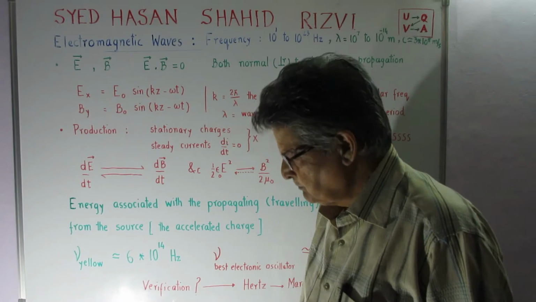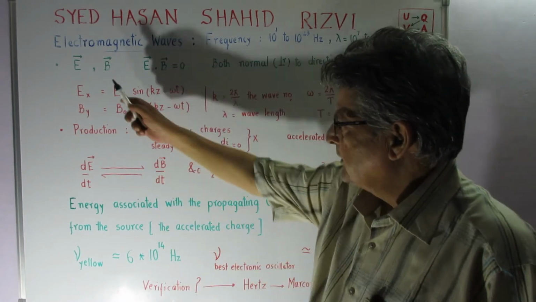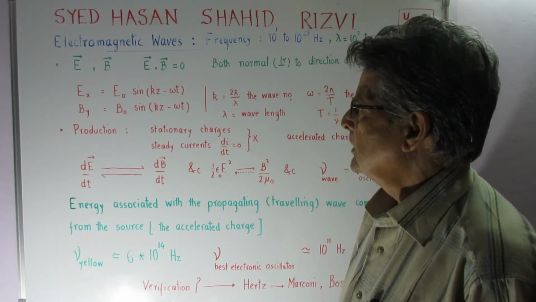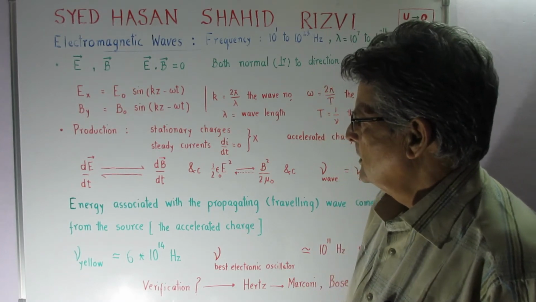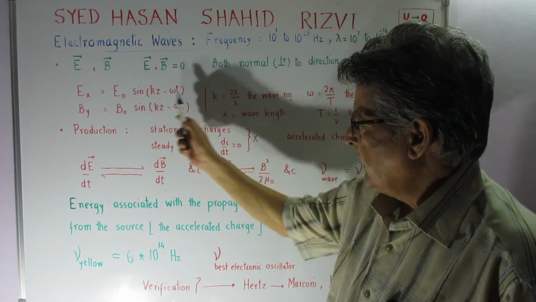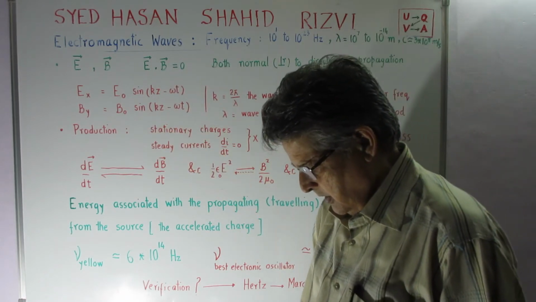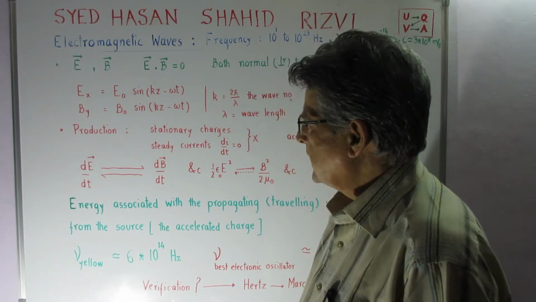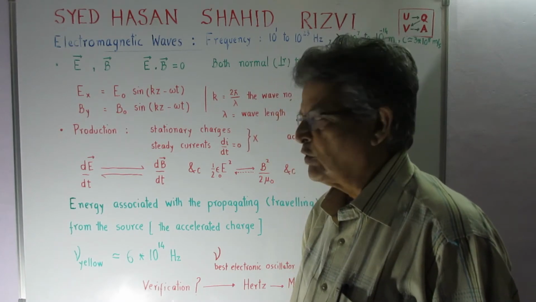So the electric field and the magnetic field are present together, and they propagate or travel like traveling waves we have discussed before.